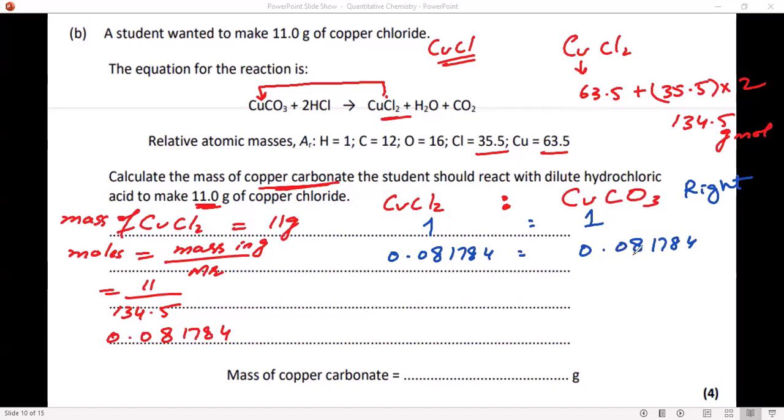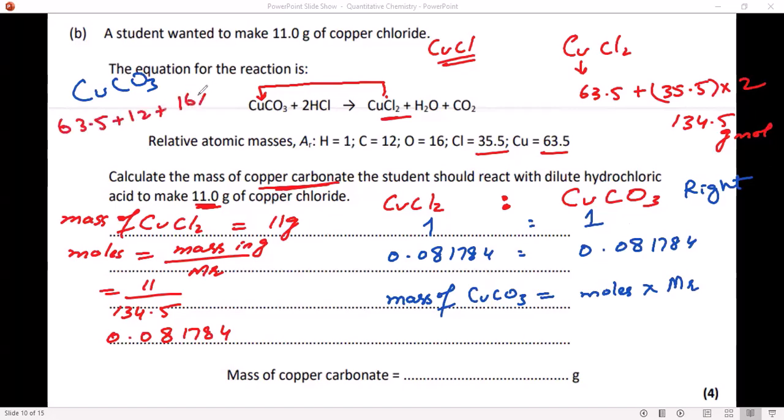Can I convert this into mass? Yes. So mass of copper carbonate is moles times Mr. Where is the Mr of copper carbonate? I need to find it myself, guys. Copper 63.5, carbon 12, 16 times 3. So guys, do use your calculator. Be careful during calculation.